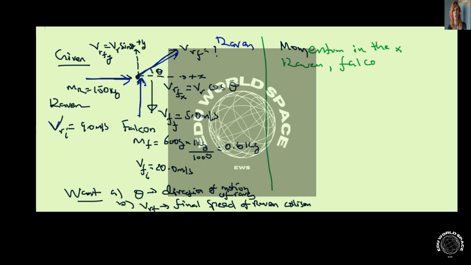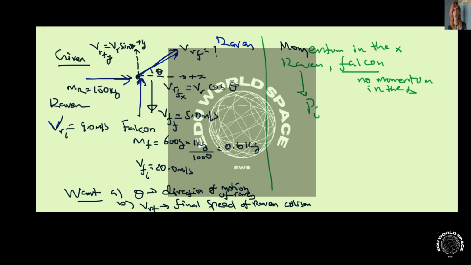Remember, the falcon is only moving in the y direction, so no momentum in the x. So we don't account for any momentum in the x for the falcon. The momentum will only be focused for the raven.